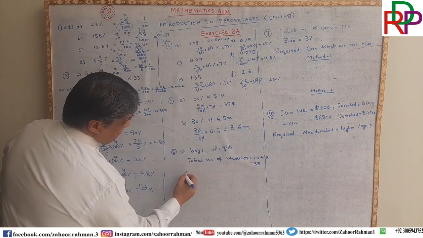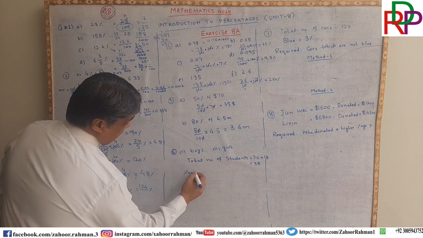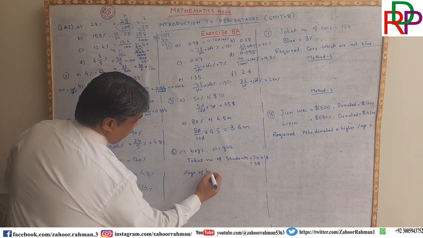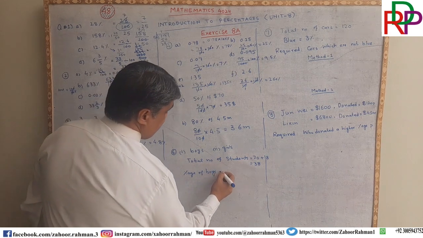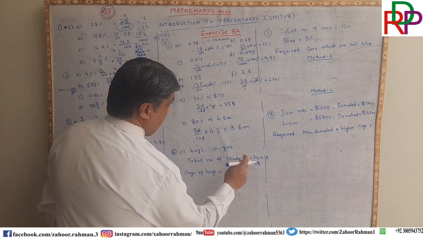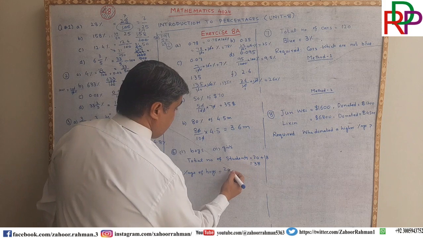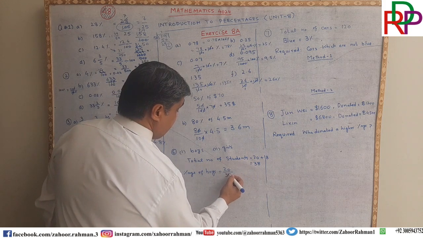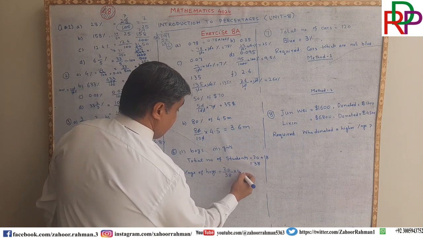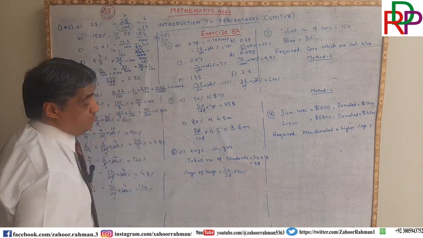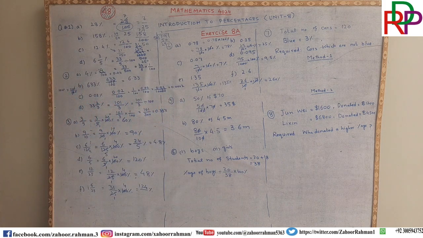Now, percentage of boys is equal to, how many boys were there? 20. In how many? 38. And we have to introduce 100%.